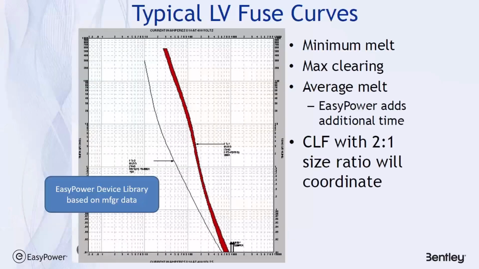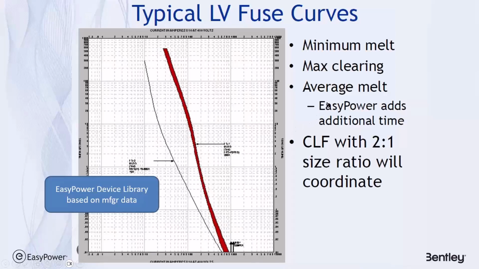A typical low voltage fuse curve looks something like this. It's an inverse curve, and it can be designated by its minimum melt, or its maximum clearing, or the average melt. In this case, I think this is a minimum melt curve. The width of the curve is determined by the manufacturer, and it's usually plus or minus 5% of the average melt.